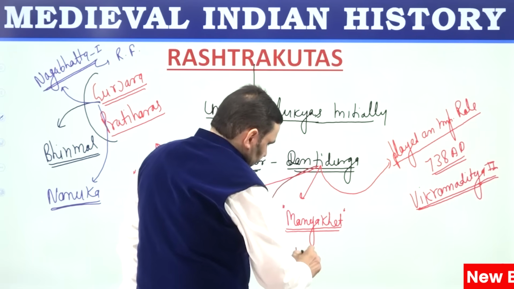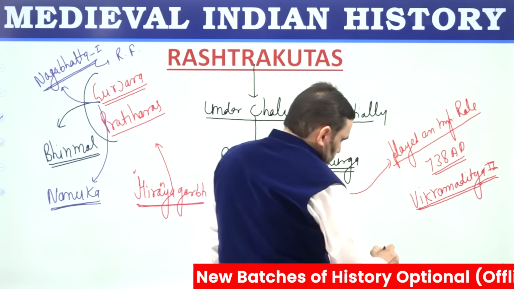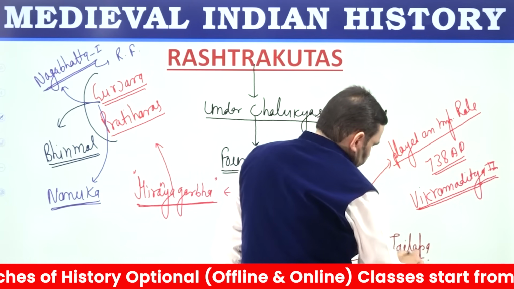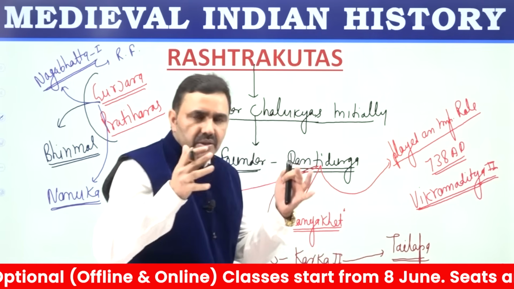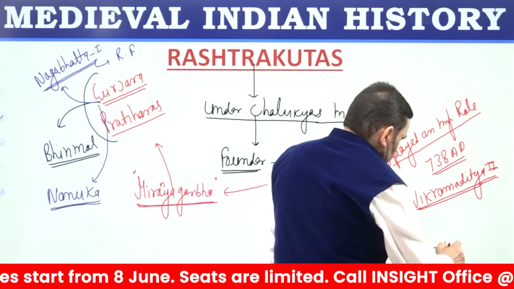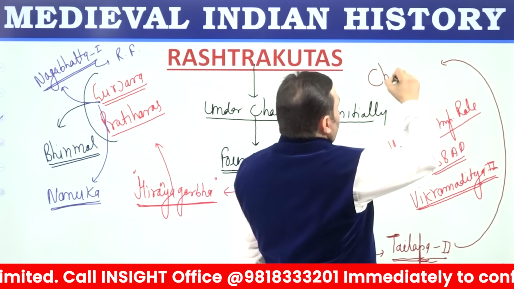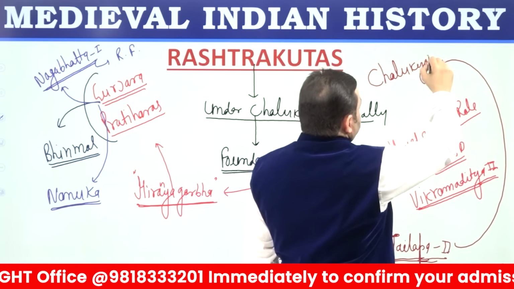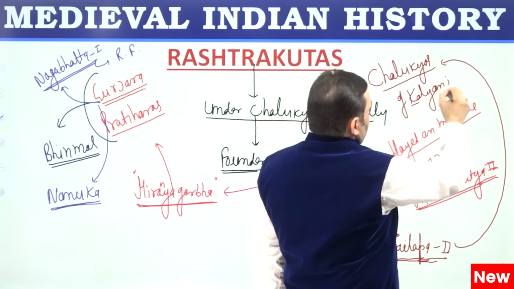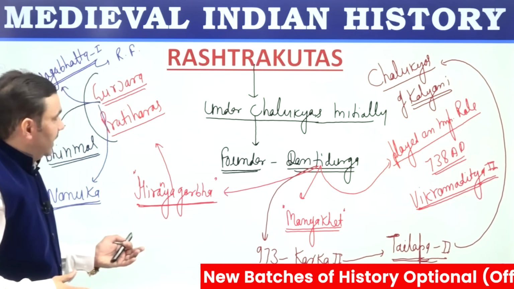In 973 AD, the last king was Kirk II, and he was overthrown by his subordinate, his kind of feudatory or somebody who was under his rule, Tailapa, Talpa II, and this Talpa II founded the Chalukya dynasty of Kalyani. So this link you should develop here, how Chalukyas of Vatapi were replaced by Rashtrakutas, replaced by Chalukyas of Kalyani. This was happening in Deccan.